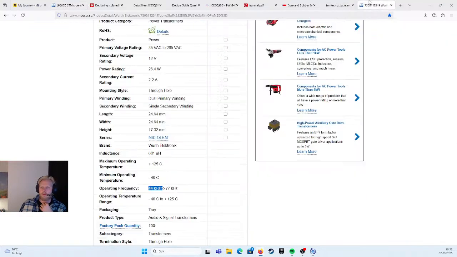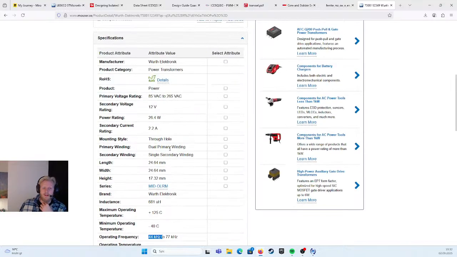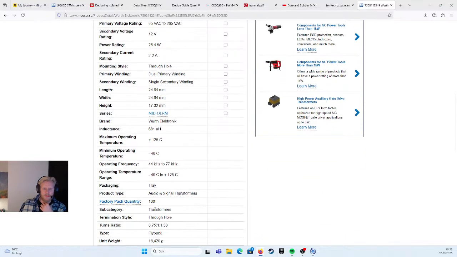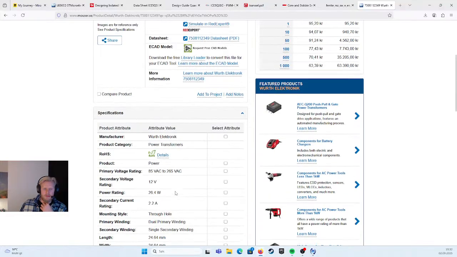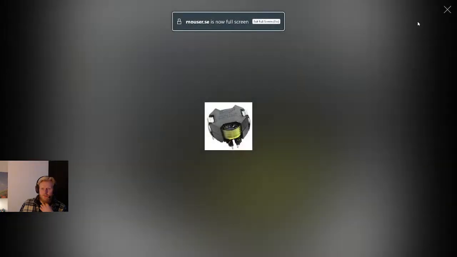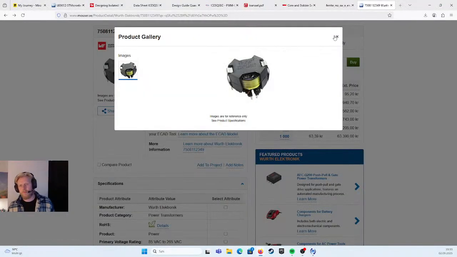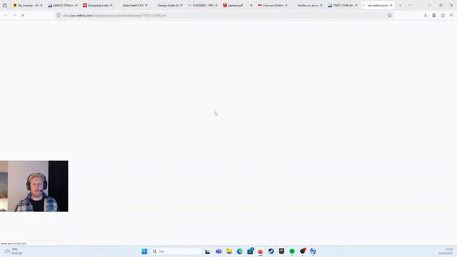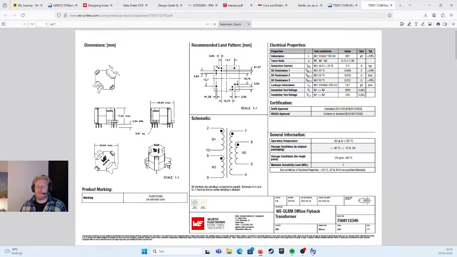Wait, no. Is it through-hole component? And it looks like this. Look at the datasheet.